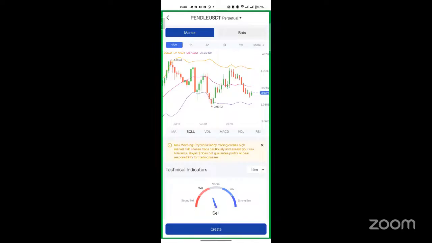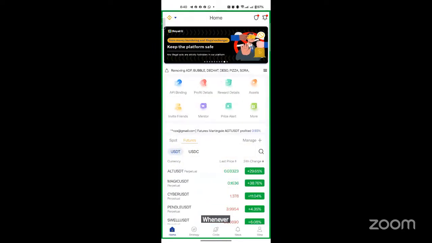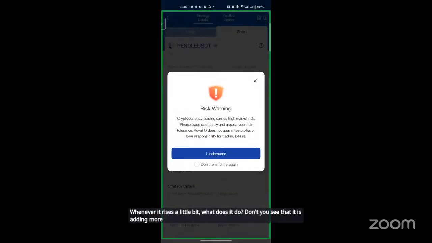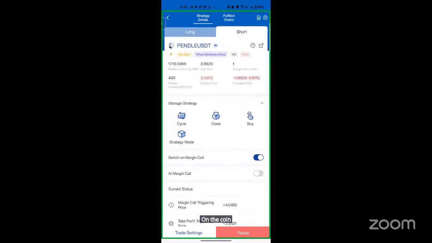Whoever has written worried, you have not yet understood the business. Whenever it rises a little bit, what does it do? Don't you see that it is adding more money on the coin? It is adding more money.